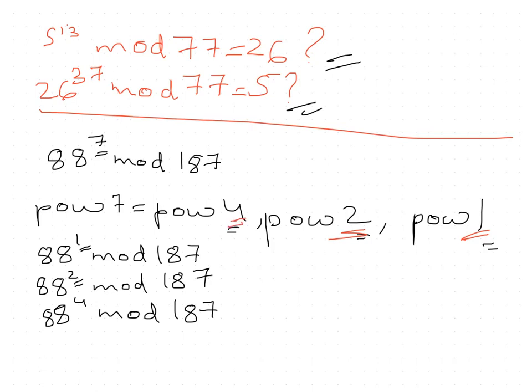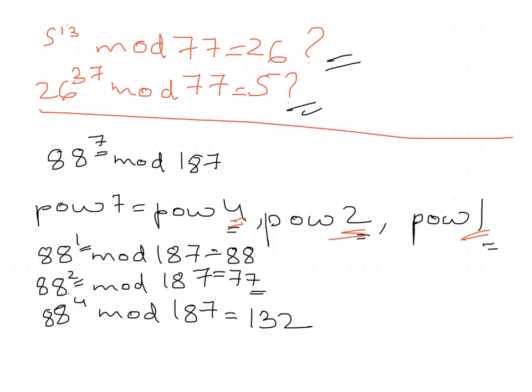Now I'll calculate these in simplified forms. 88 to the power 1 mod 187 gives me 88 itself. 88 to the power 2 mod 187 gives me 77. That means 88 times 88 gives a certain number, and mod 187 the remainder is 77. Similarly, 88 to the power 4 mod 187 gives me 132.